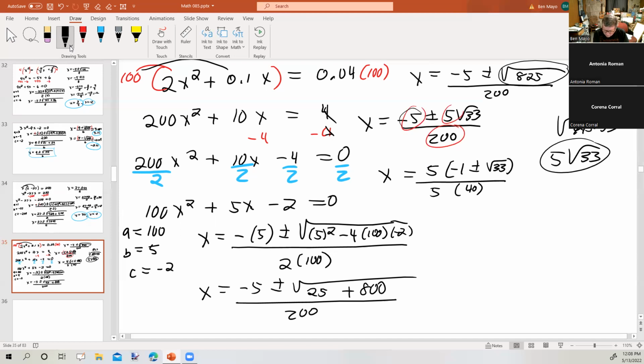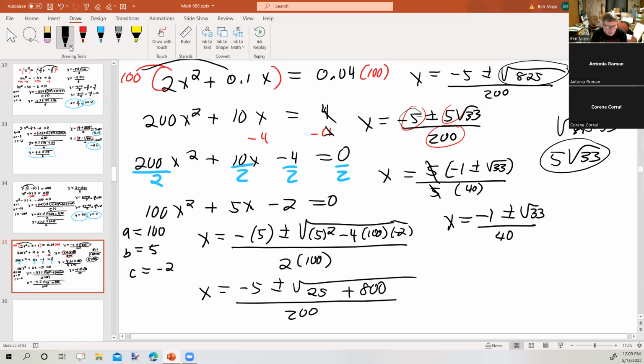So taking a 5 out of -5, I have a -1 left over. Taking a 5 out of 5 square roots of 33, I have the square root of 33 left over. So I've got the plus or minus. So now I can reduce it down to this, and I've got x equals -1 plus or minus the square root of 33 over 40.